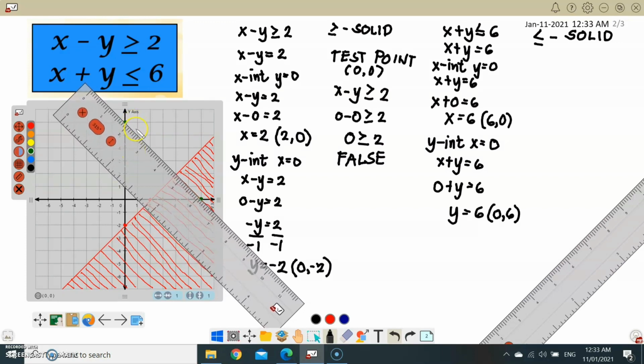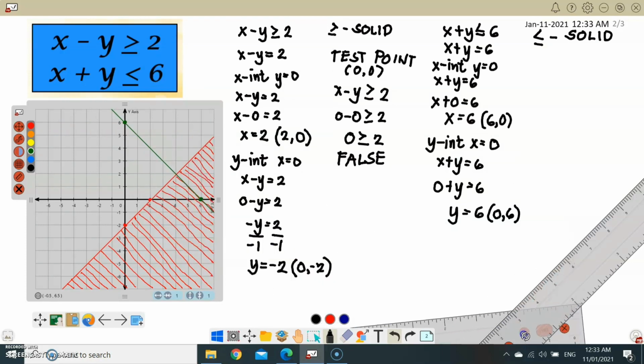So let's draw the boundary line now. And you have there the boundary line.